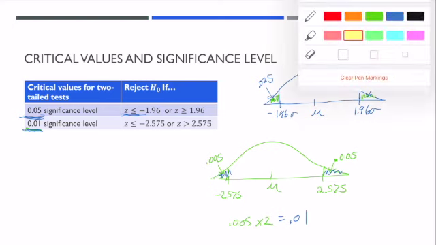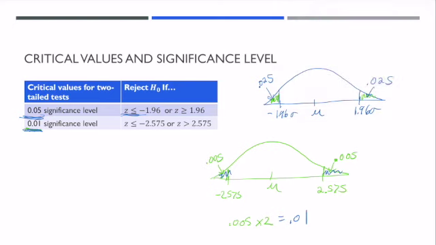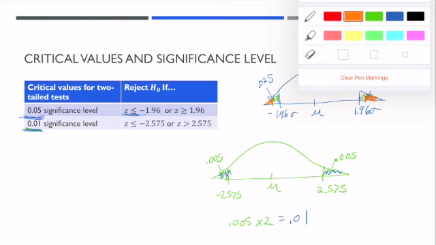So if my data value is more than 1.96 standard deviations away in either direction, right? Because I have to look at the area in both tails. I know the area is going to be smaller, so then I would reject.